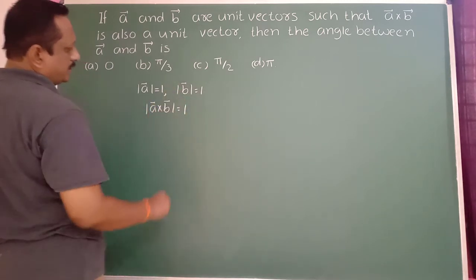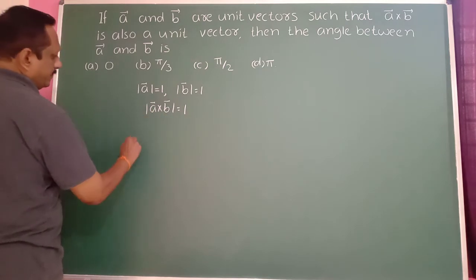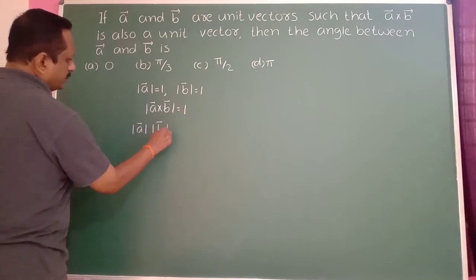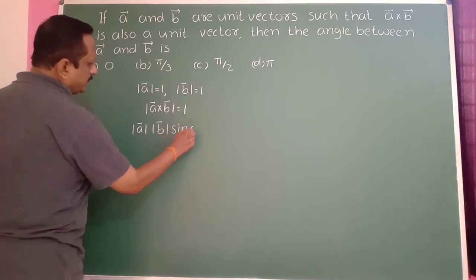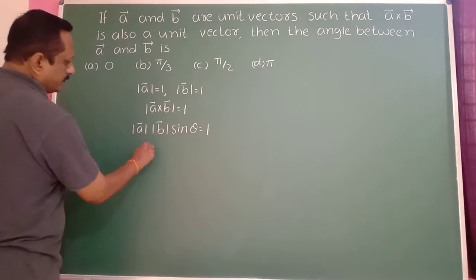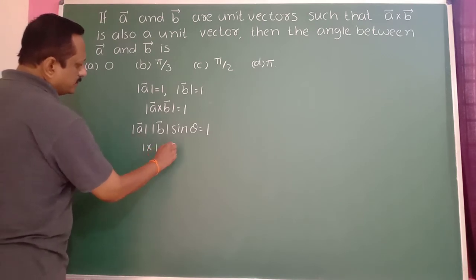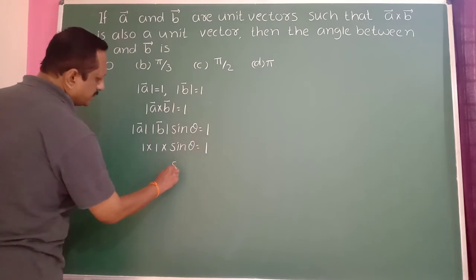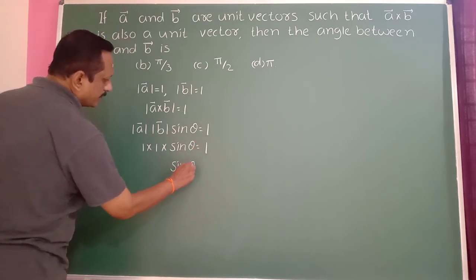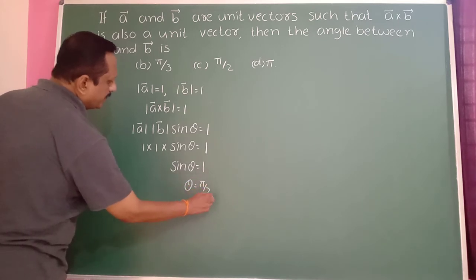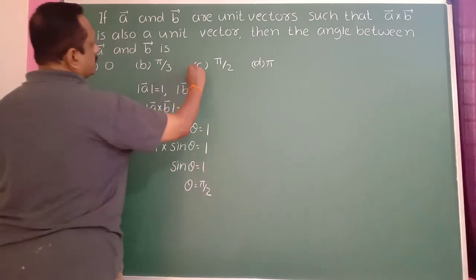So using the formula modulus of a bar into modulus of b bar into sin of theta is equal to 1, 1 into sin theta is equal to 1. Hence sin theta is equal to 1. Therefore theta is equal to pi divided by 2. Therefore C is the answer.